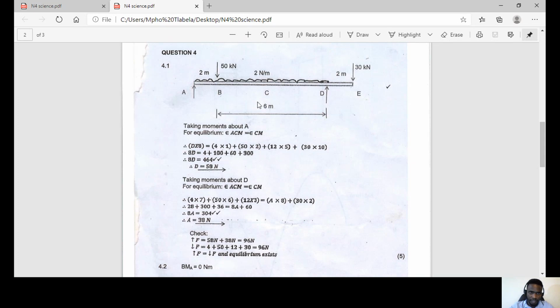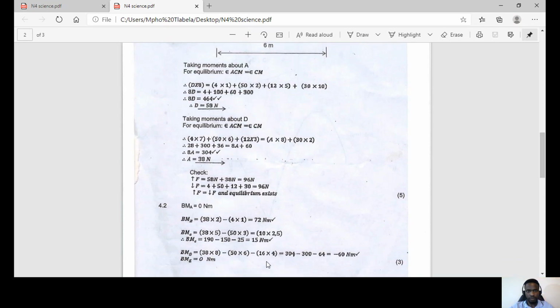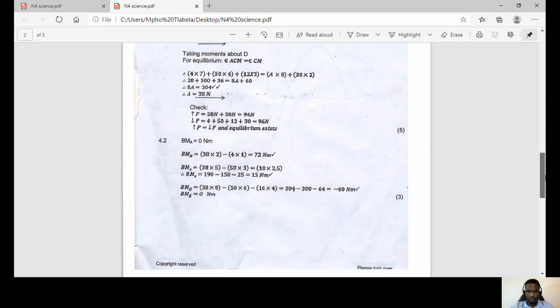And then the length here is 8. Half of 8 is going to be 4. This is from 2 multiplied by 8, and then you do the math, then we get minus 60 Newton meter. Then the bending moment at E at the end, we discussed that, it's 0.